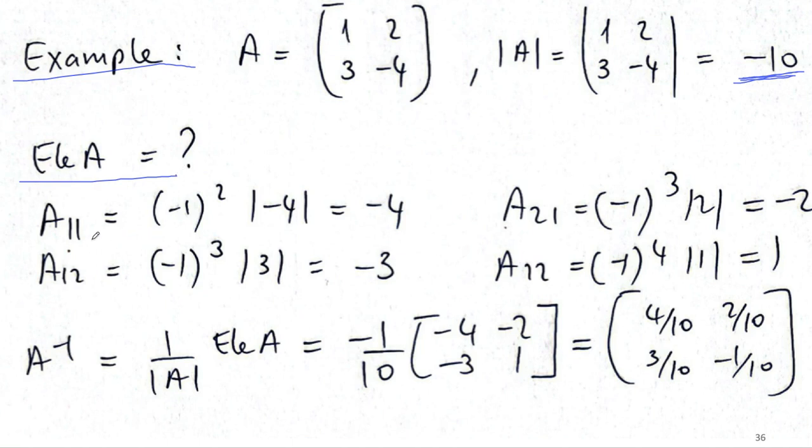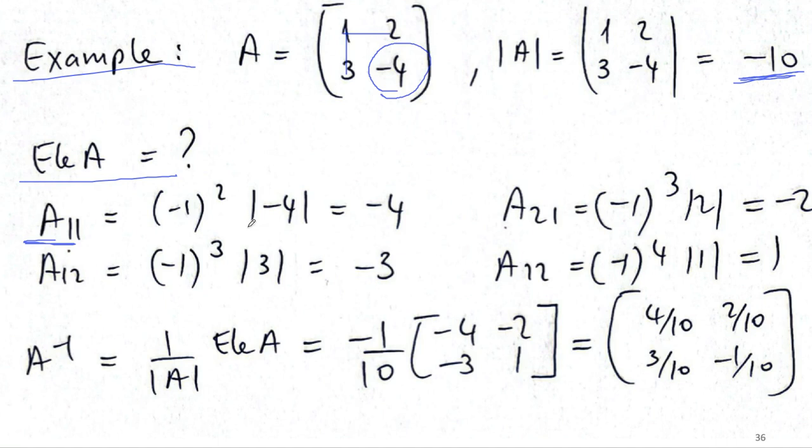Now, as we have done just before, for the adjoint matrix, we need to calculate the elements one by one, and that is given for A11. A11 is this point, so basically the only remaining sub value here is minus 4.